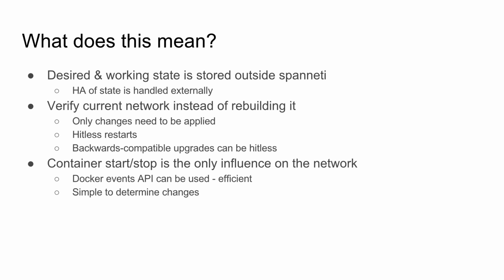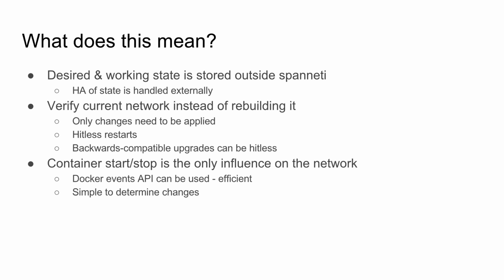The other decision was the general direction we go in: we set up the network and its state, but if something goes wrong, if something breaks, we want to be able to react to that.